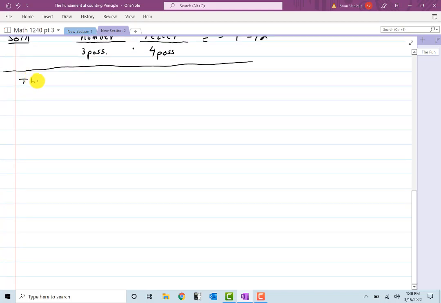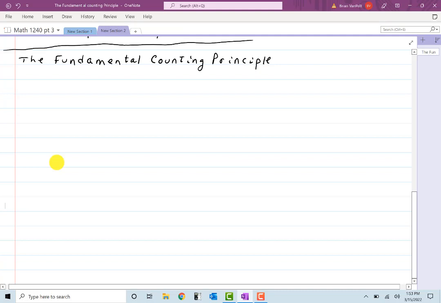This leads us to the fundamental counting principle. Suppose you have 2 collections of items.